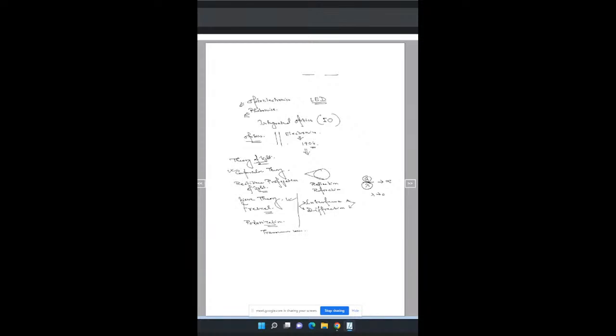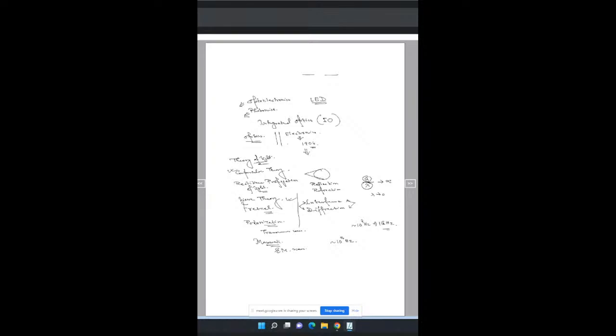Then finally, Maxwell gave a theory. Maxwell said that light is nothing but any other electromagnetic wave. Only the thing is that the frequency of light is very high, in the tune of 10 to the power 14 hertz, right? A typical microwave signal will be of the order of say 10 to the power 9 hertz, which is 1 gigahertz, right?